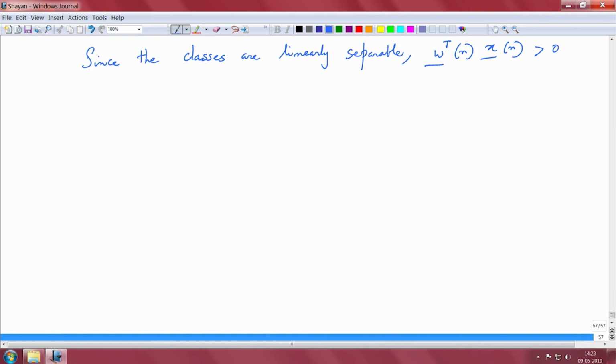I mean, since the classes are linearly separable, there exists a solution W naught, or W optimal, I will put it OPT here, such that this is true for all inputs x that belong to class C1, right.